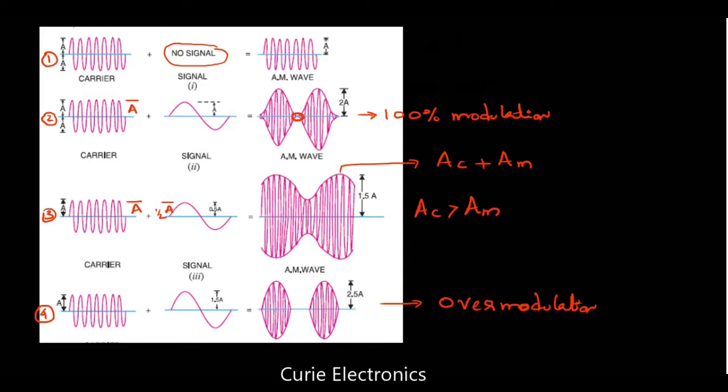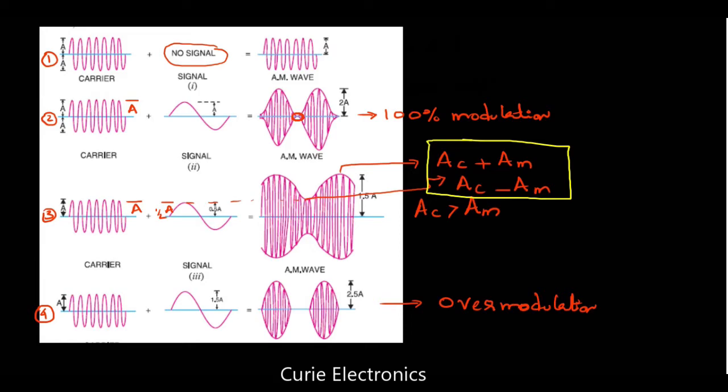What about the minimum peak value? At this point, it is AC minus AM. So the maximum peak value is AC plus AM, and the minimum peak value is AC minus AM.